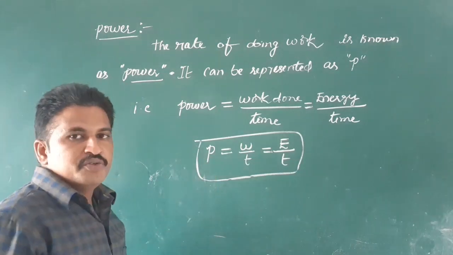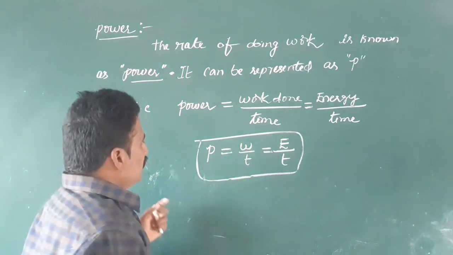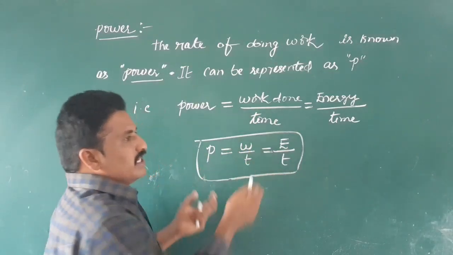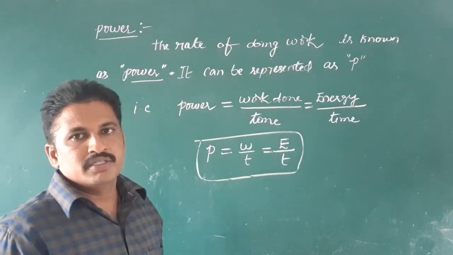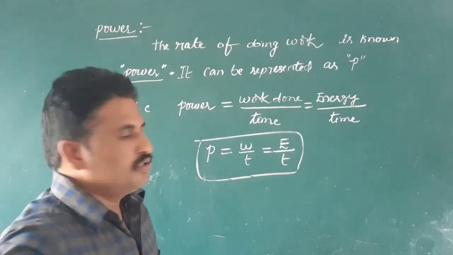Based on this, students, we can decide the units of power. Based on this formula we can say easily. Okay, don't memorize these units. Just see the formula and write the units, students.